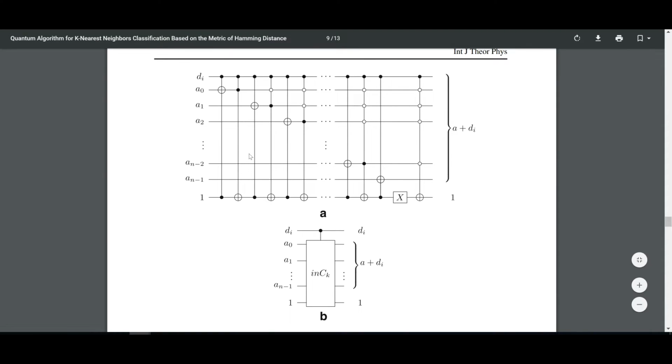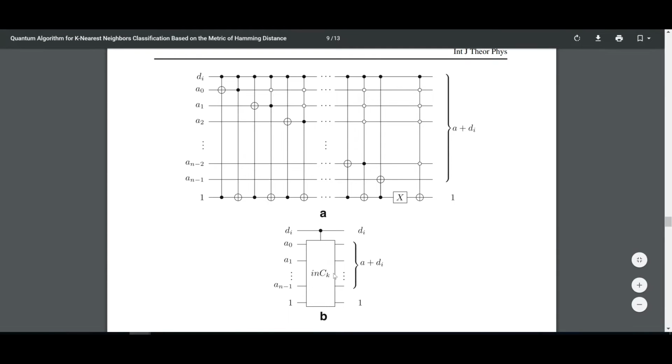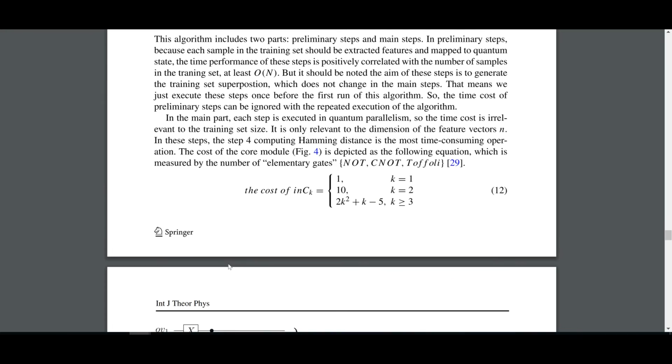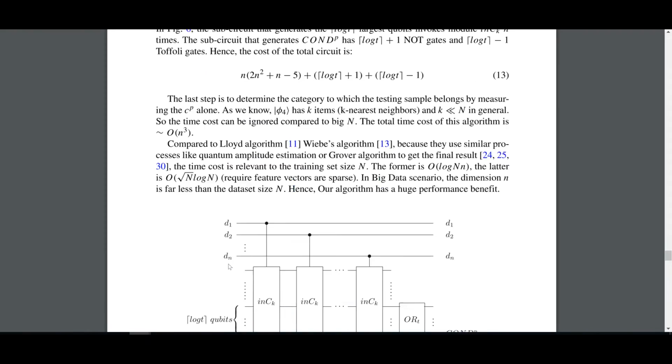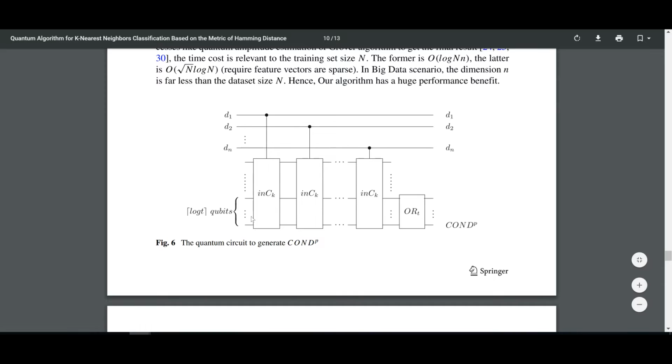So because we do this for each D, for each D we have to do this twice, exactly. I think there's somewhere in the final circuit I saw, exactly. So you're doing this twice for each D, D1, D2. In our case, we have 2 Ds, so we're just going to do it twice. And I'm not going to care about that.